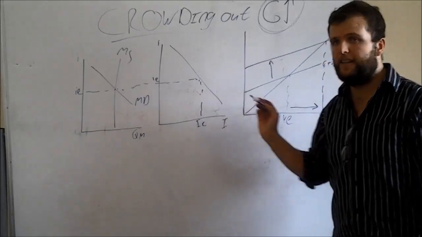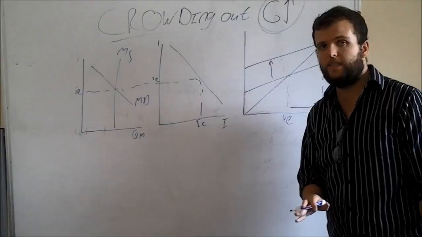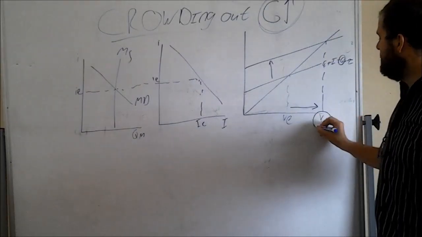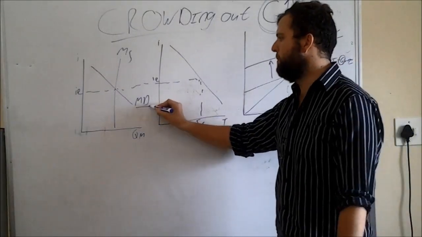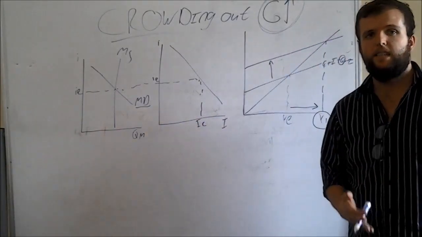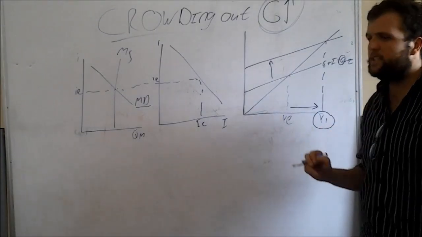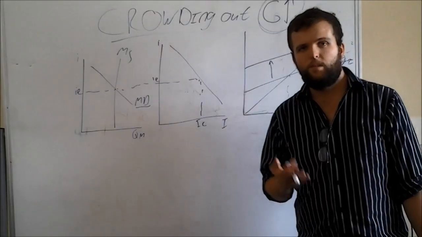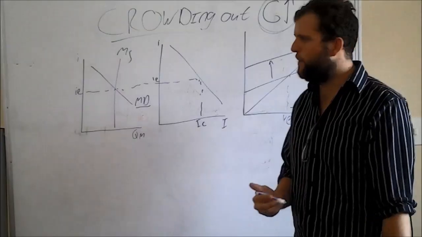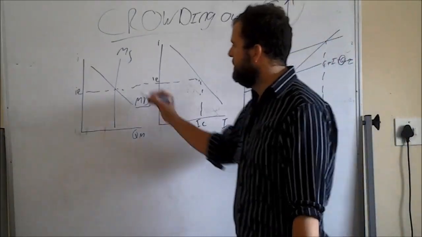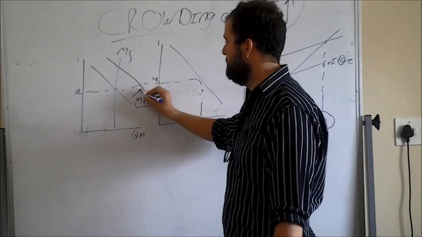Let's look at it from this side. The key relationship to understand here is that if income increases, then something will happen to money demand, because money demand is determined by income. If income increases, people demand more transaction money. So the money demand curve will shift upwards.